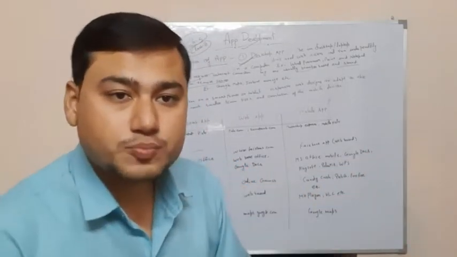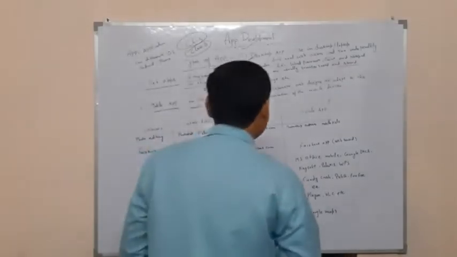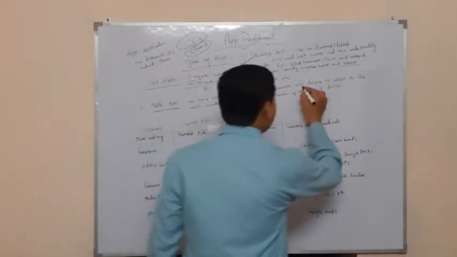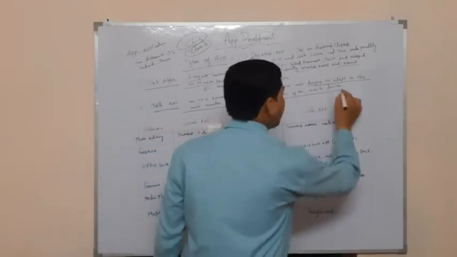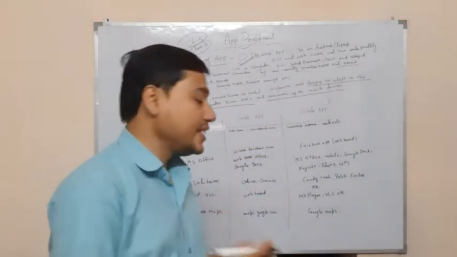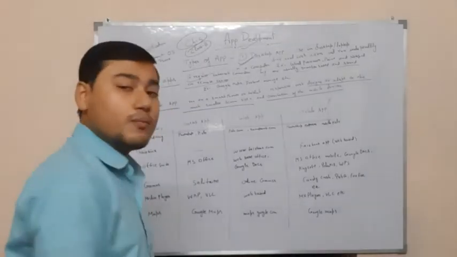That is called a responsive web app. A responsive web app is designed to adapt to the much smaller screen size and orientation of mobile devices, so that we can easily see it as a mobile app.